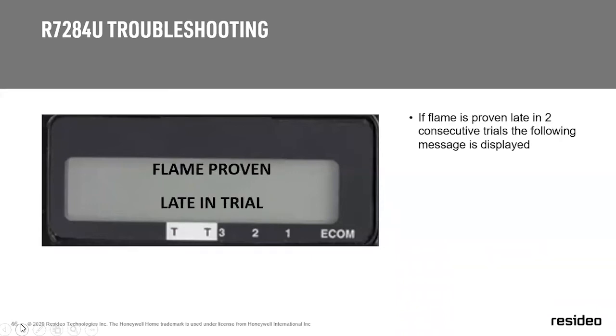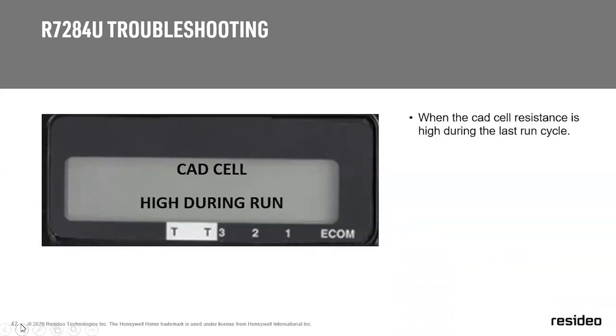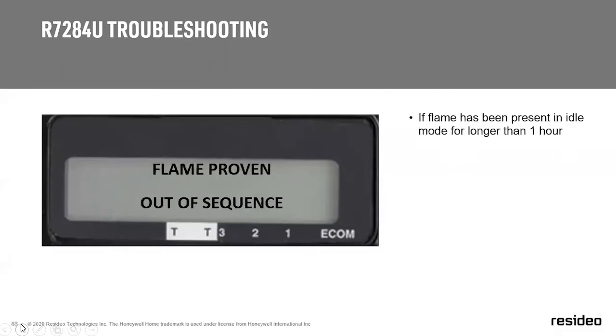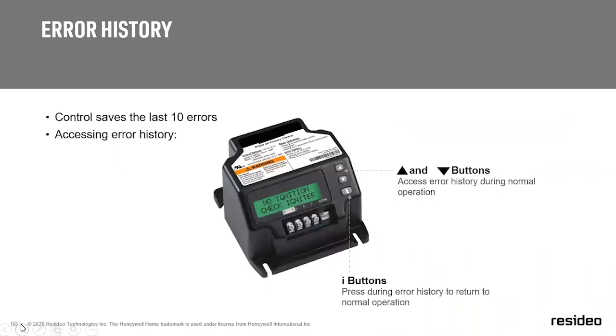So, flame proof and latent trial, we talked about that. CAD cell high during the run time, flame proven out of sequence mode for longer than 1 hour. And then error history. So basically I can go back in and look at the last 10 errors that happened in this, so I can kind of diagnose what may have been taking place.